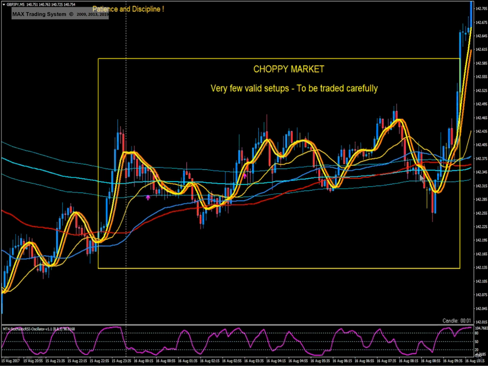But along a choppy mode, we will have entry setups. These entry setups are not extremely frequent, but when we have one, we have two choices, either to skip that trade or to trade that situation.